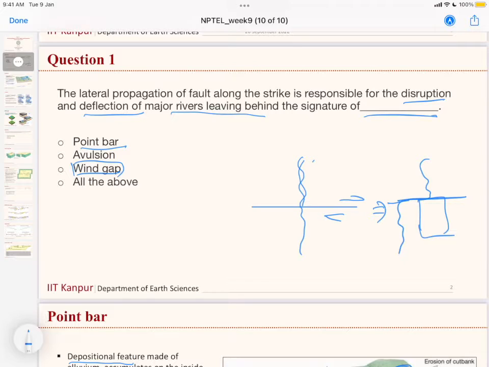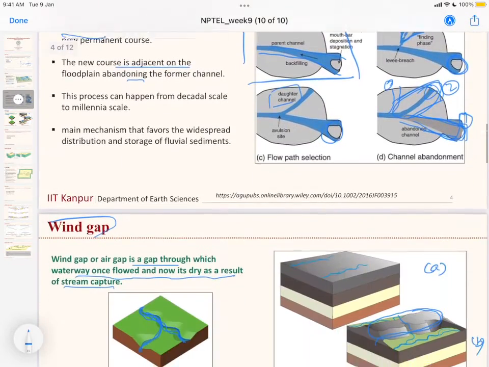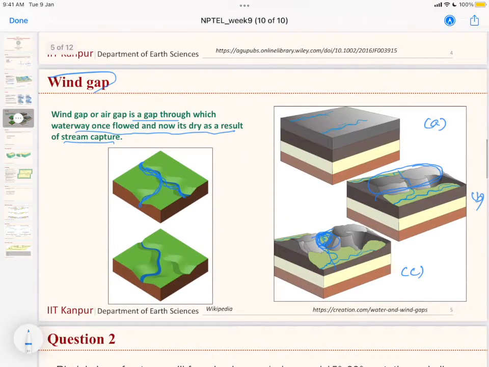So the answer for this question is the wind gap, and that is happening due to the strike slip faulting, because it produces horizontal displacement, and it can also happen due to reverse faulting as well. The same thing we have discussed in this figure: due to the thrusting, some upliftment might happen, and this upliftment could also lead to the creation of a wind gap.